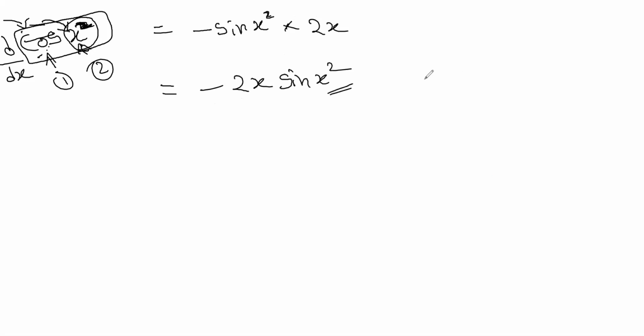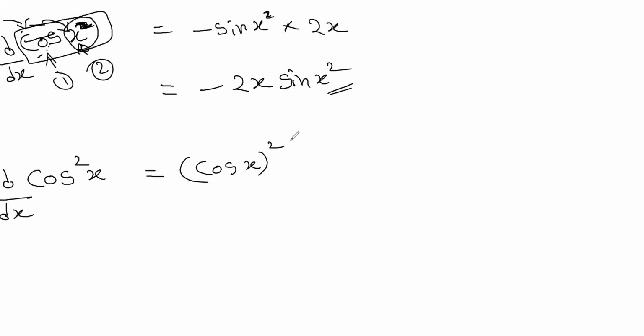Understood? Now do the differentiation for this one, cos square x. Just to avoid confusion, we can write cos square x as cos x whole square, correct?